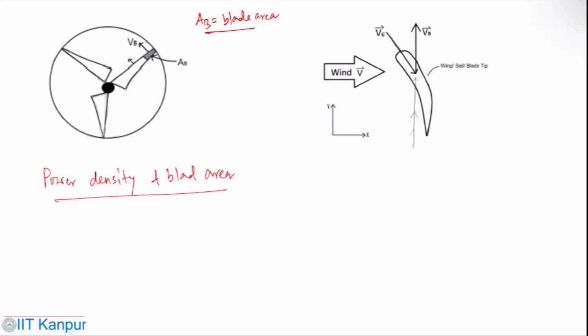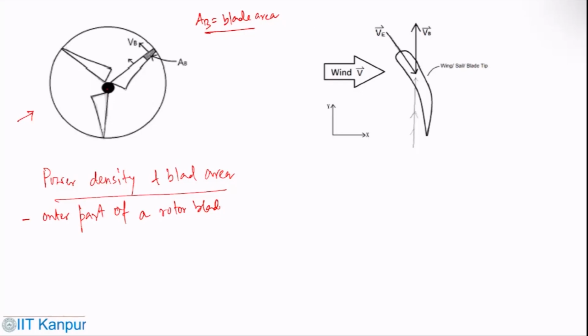Here what we are considering is only the outer part of a rotor blade. Essentially, if you see, this is a turbine rotor here, and these are three blades, looking from a side or front view, depending on the orientation.